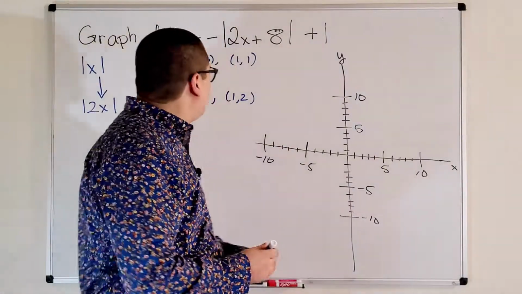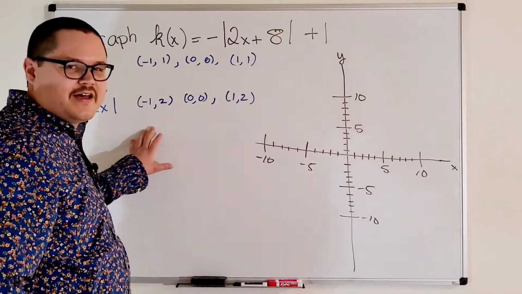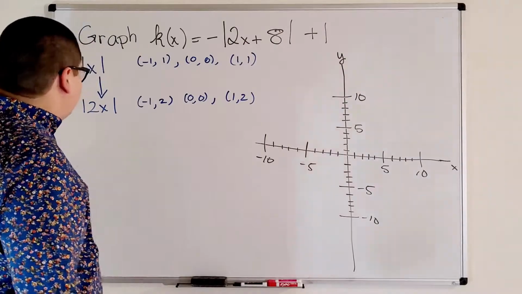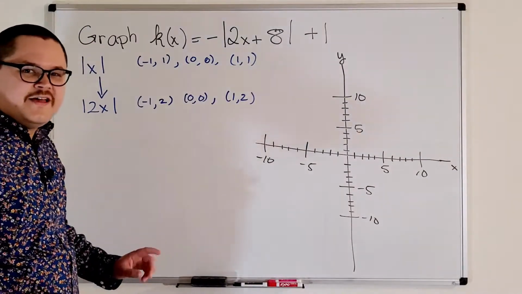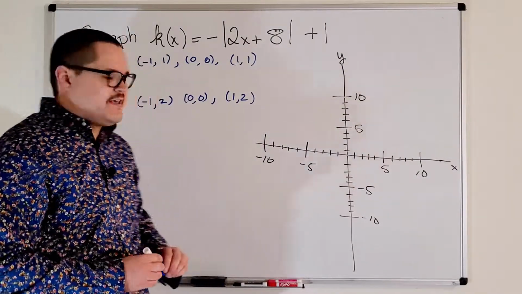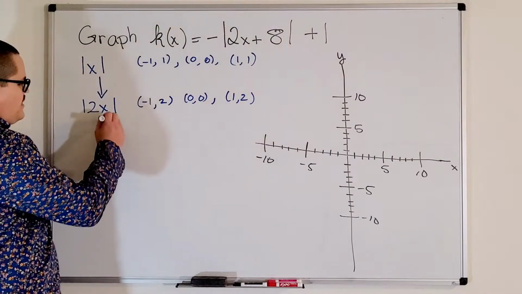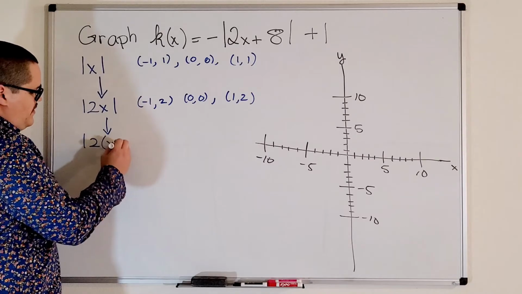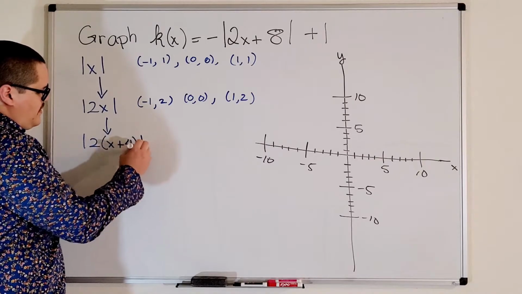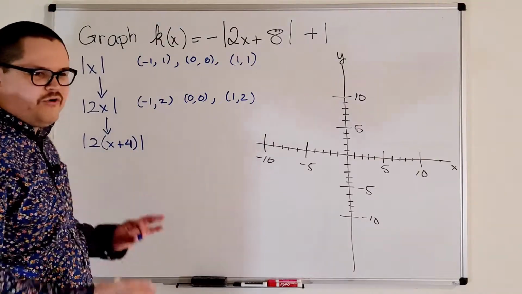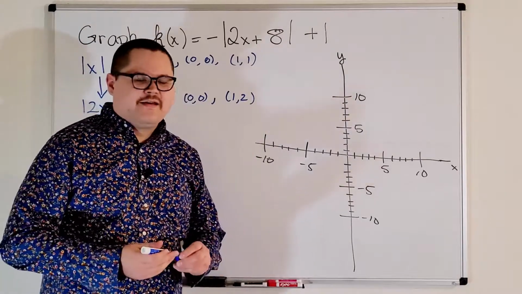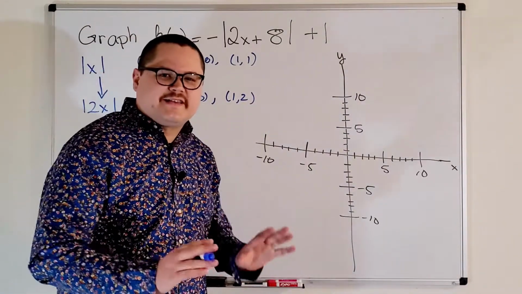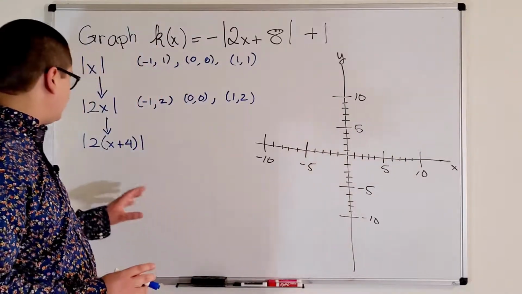All right. So next thing I could do to make this look more like that is, in parentheses, add 4 to the x. Now why 4 and not just 8? Remember, these operations done to x on the inside have to be done in parentheses.